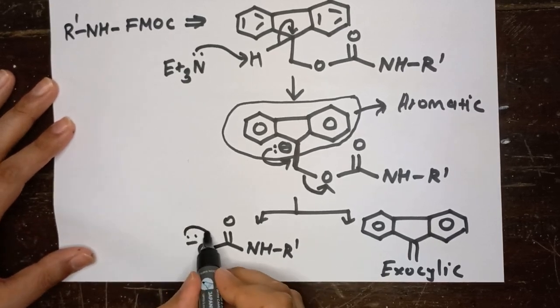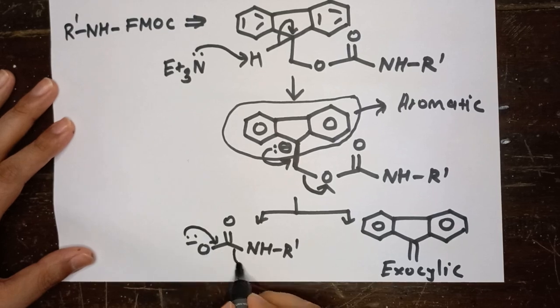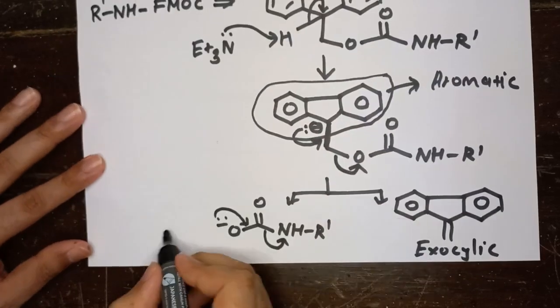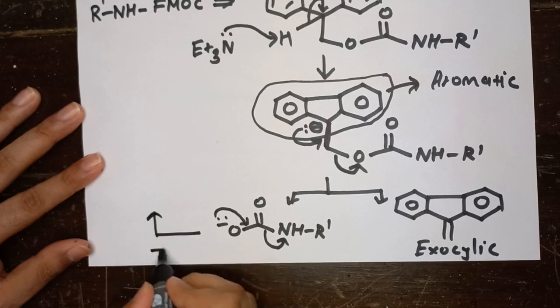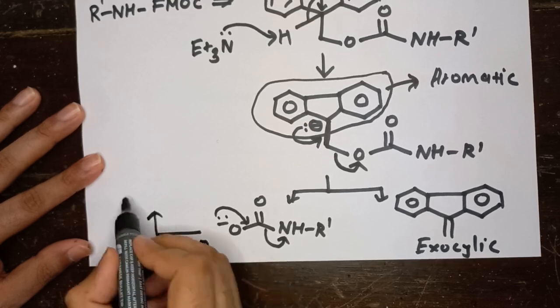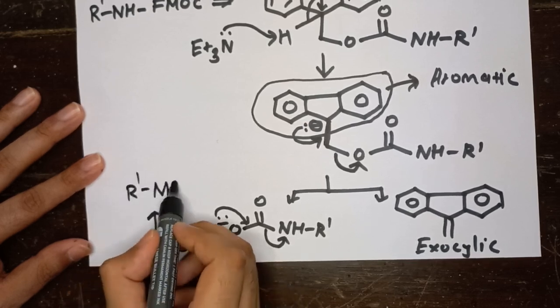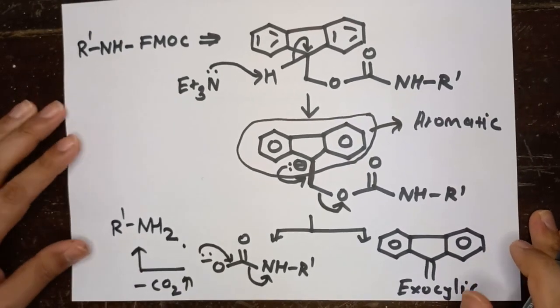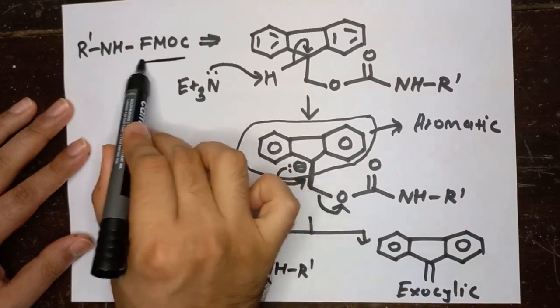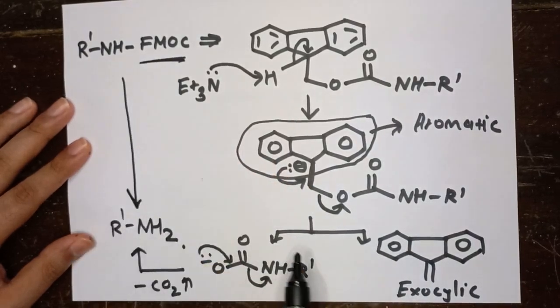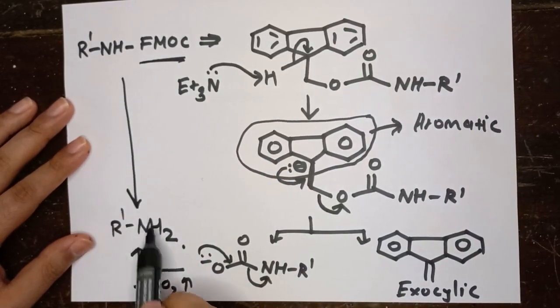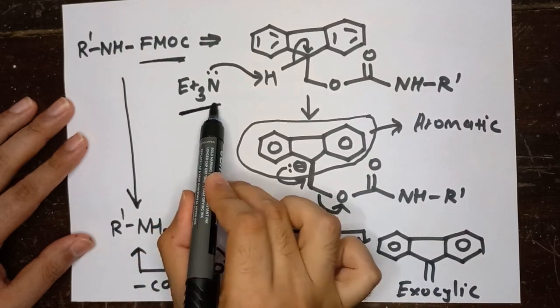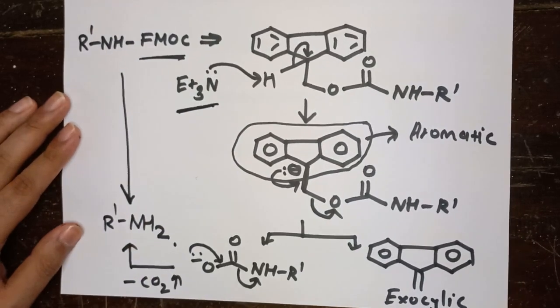Now this oxygen lone pair will form a double bond and this bond is going to cleave. Simply we have eliminated CO2 gas and we have generated RNH2. So this is the mechanism for deprotection of FMOC back into the amine group using an amine base like triethylamine.